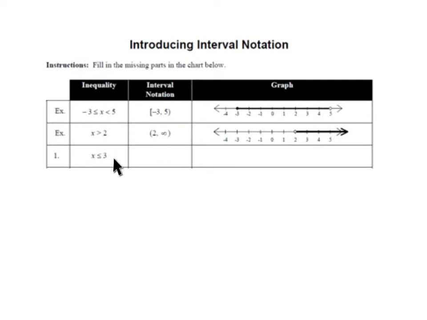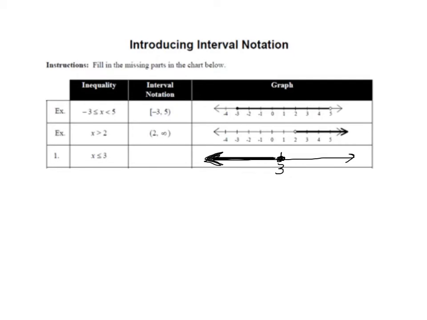So for instance, on this one, x is less than or equal to 3. What this looks like, and I'm going to go ahead and draw the graph on here. Here's 3, and you don't have to draw all those in there. It's equal, so it's closed, and then it says less than, with a big old arrow.